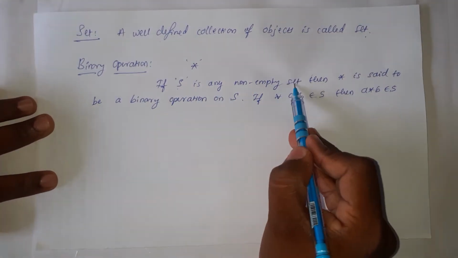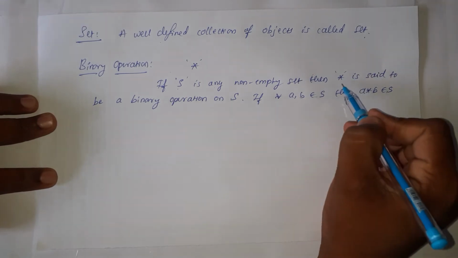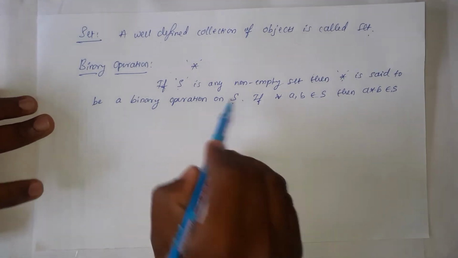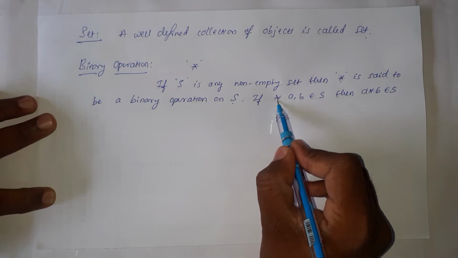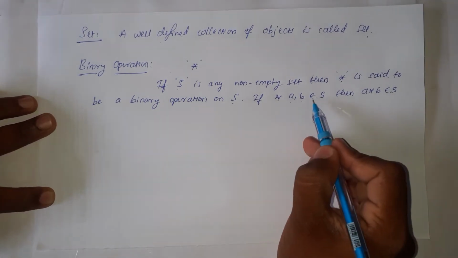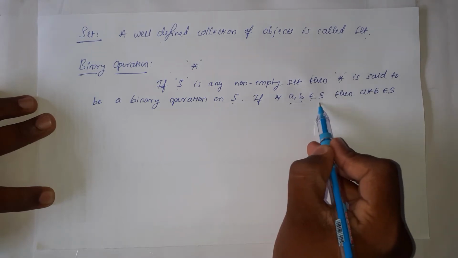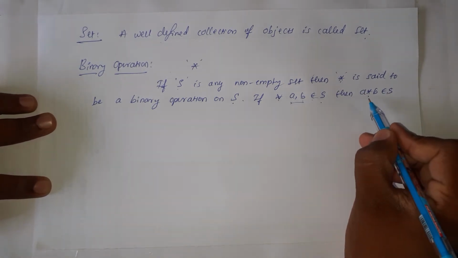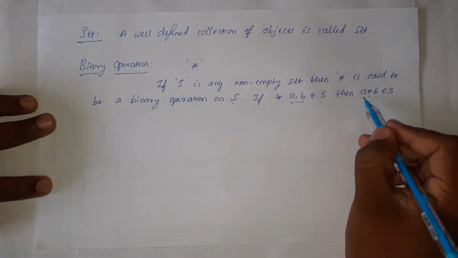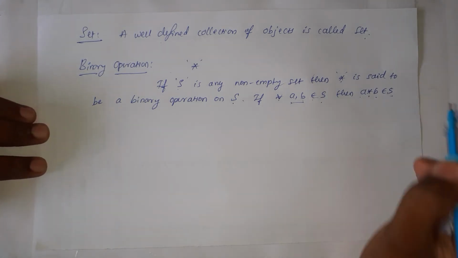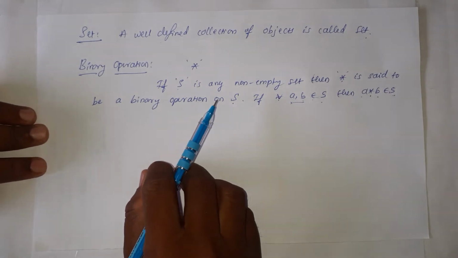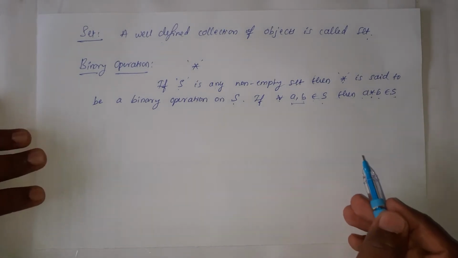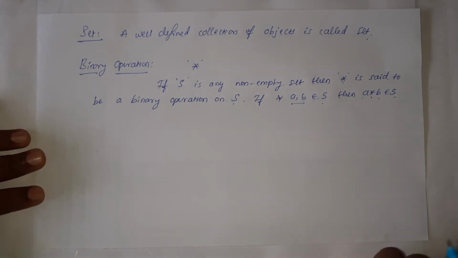If S is any non-empty set, then the operation star is said to be a binary operation on the set S if it satisfies the condition that for all the elements a, b belonging to S, which are elements of capital S, after operating star on a and b, the product a star b also must be in S. Then only the star is called a binary operation on S. For example, there are so many mathematical operations: addition, subtraction, division, multiplication and LCM, HCF.